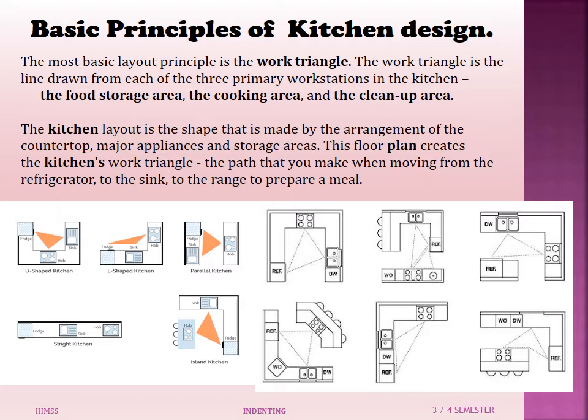The kitchen layout is the shape made by the arrangement of the countertops, major appliances, and the storage area. This floor plan creates the kitchen's work triangle, the path that you make when moving from the refrigerator to the sink to the range to prepare a meal.